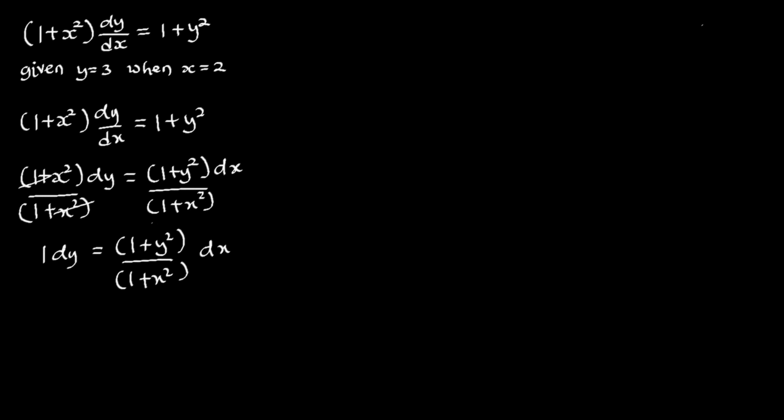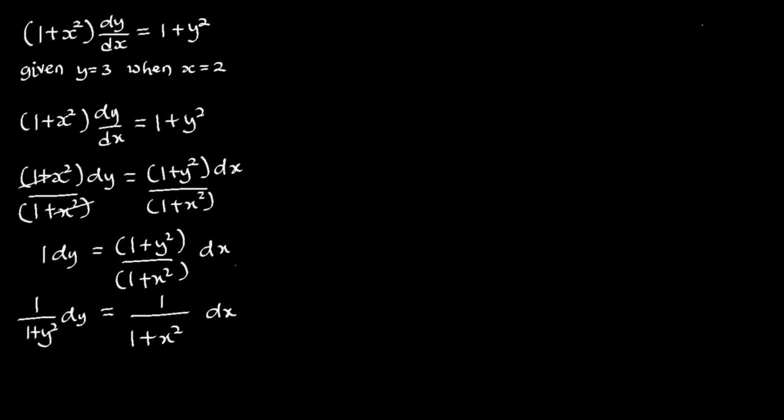But I want the y expression to go to the left hand side, so I will multiply through by 1/(1 + y²). When I do that, we have 1/(1 + y²) dy on the left hand side, and on the right hand side 1/(1 + x²) dx. So from here, we are done with the separation of variables.